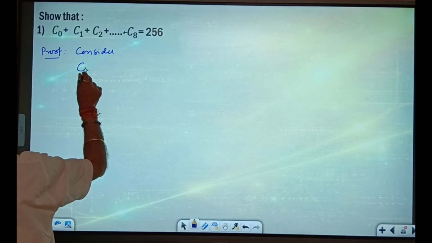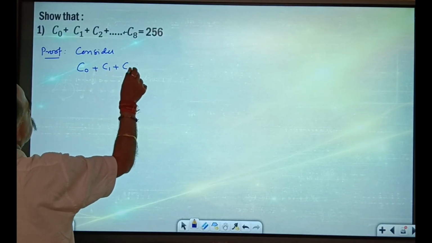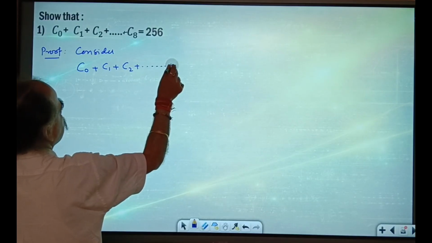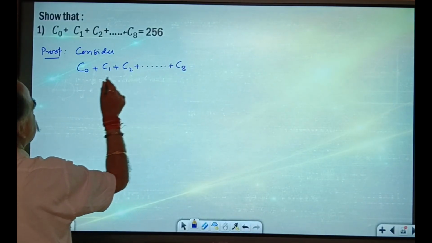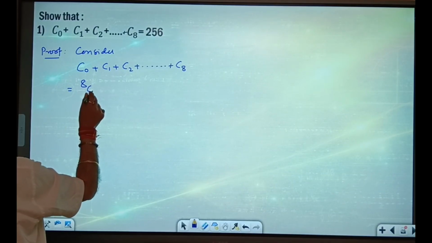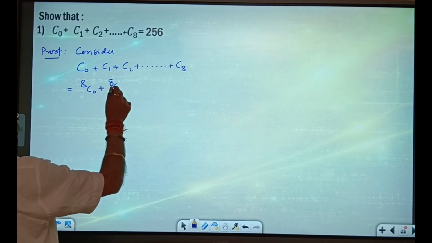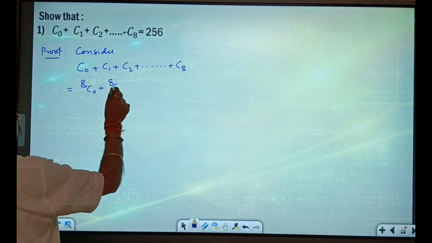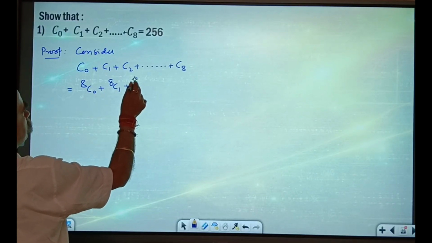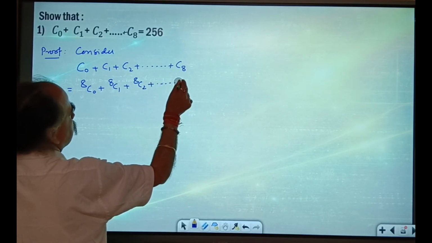Consider C0 plus C1 plus C2 up to C8, which is the same as 8C0 plus 8C1 plus 8C2 and so on.